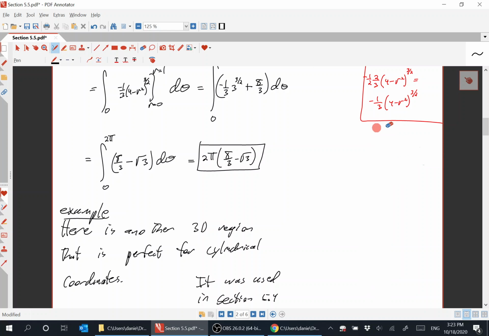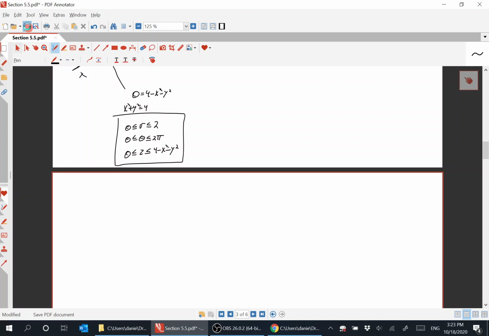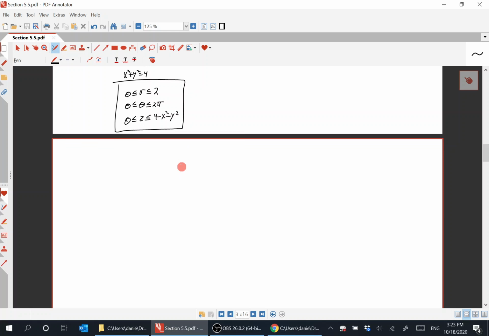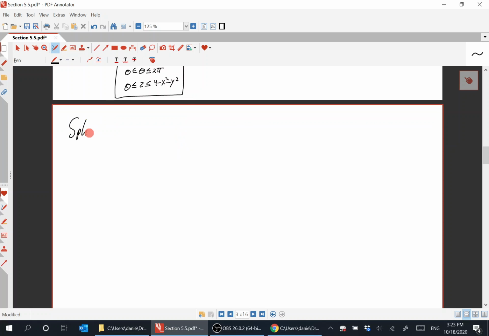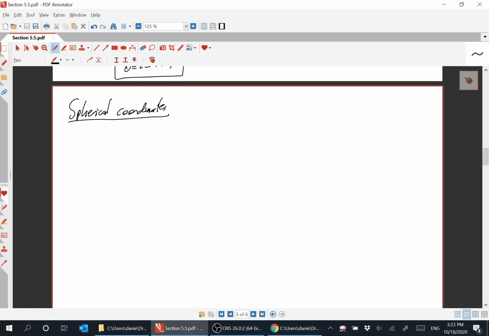All right. Oh, excuse me. So spherical coordinates: calculating triple integrals using spherical coordinates is great when you're talking about regions that are spherical, or parts of the sphere, that are easily described using spherical coordinates.